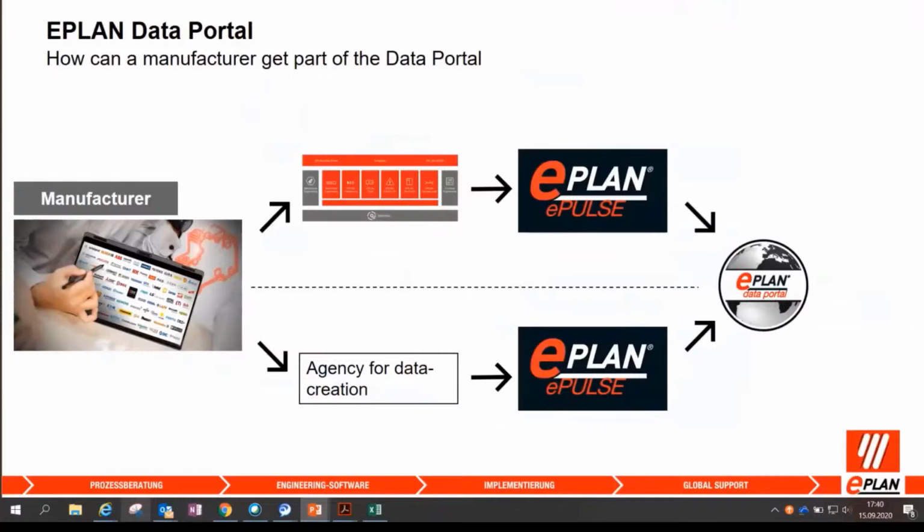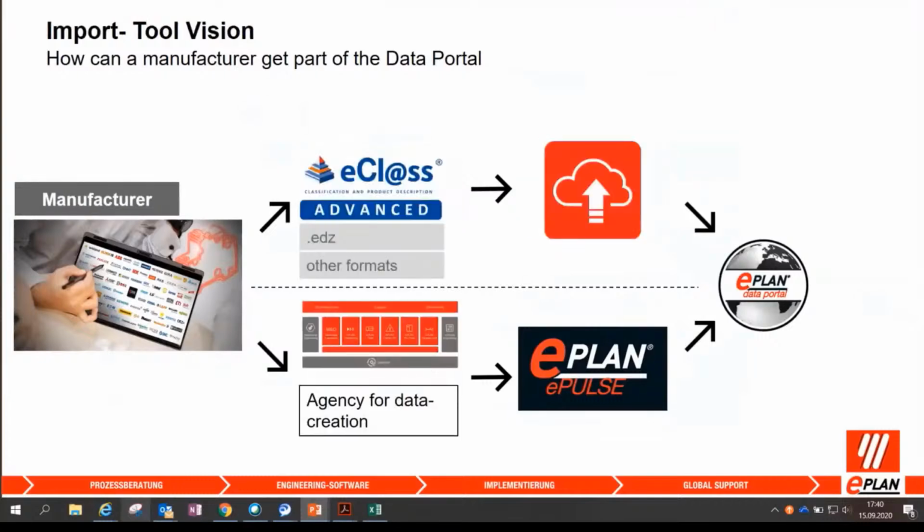Or if you don't have EPLAN skills, you can contact us so that we create this data for you, or you can contact a partner from us for data creation, so that someone gets in contact with you to create this EPLAN data set.